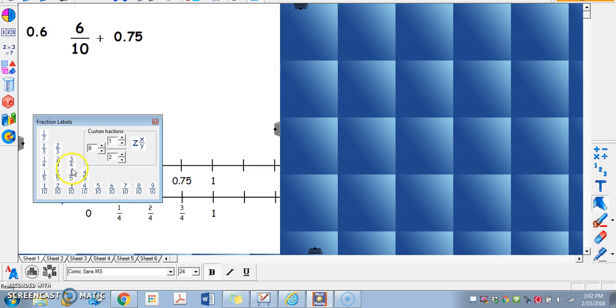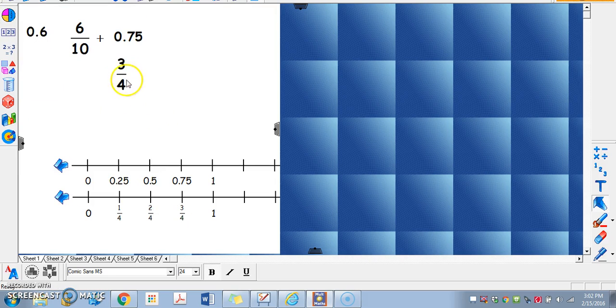Now, if you have students who don't know the benchmark fractions, this is a great opportunity to go back and talk about the benchmark fractions that they learned before, and maybe even put up an anchor chart that helps them remember those fourths and halves and 3/4, things like that. Because those are the fractions, those are the decimals that they're going to be exposed to the most. They are not expected to divide 3 by 4 in order to get 0.75.